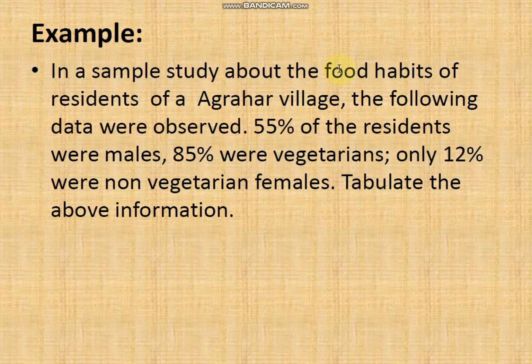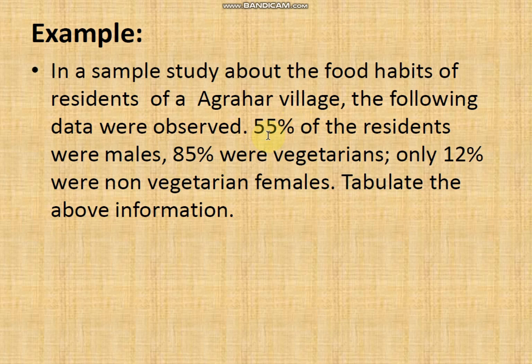So first thing is 55% of the residents were males. All the numbers are in terms of percentages, so the final total will be 100 only. So the total number of residents of the village is the total, and 55% of them were male.